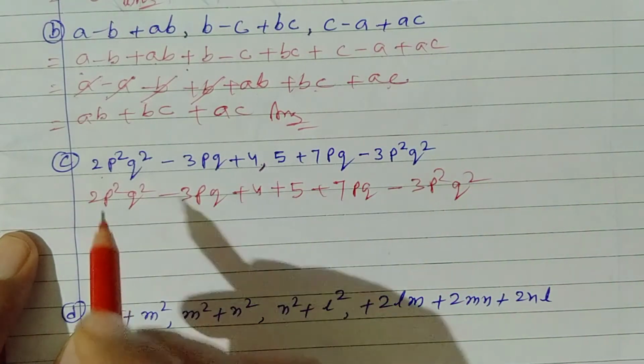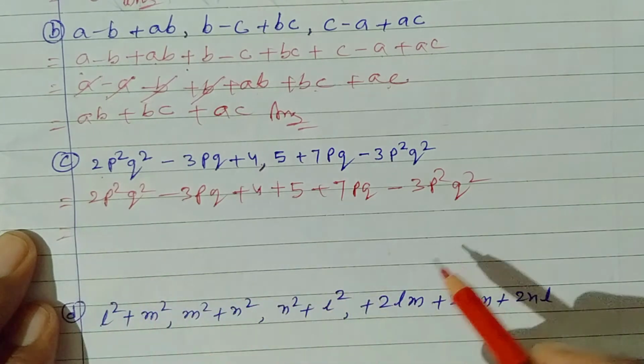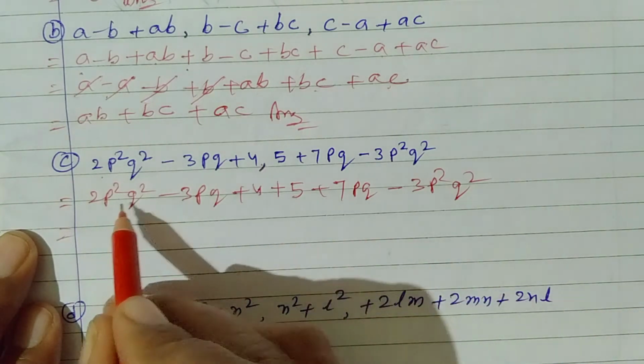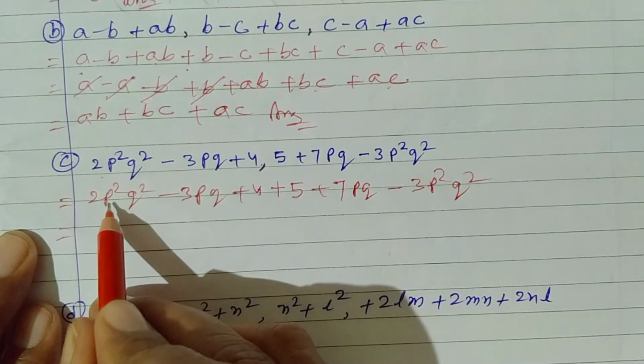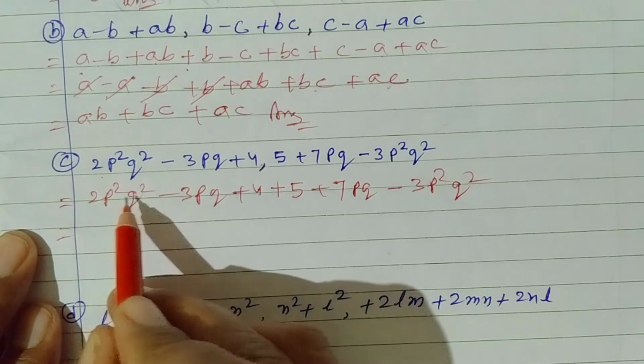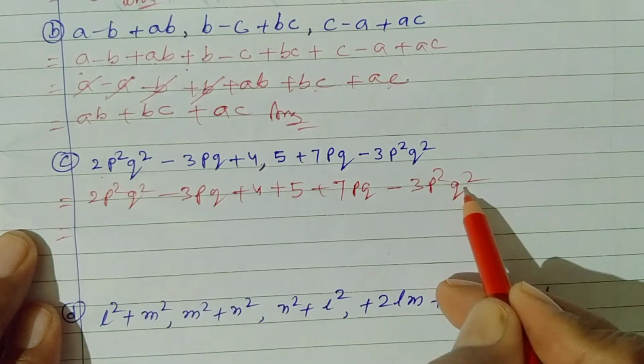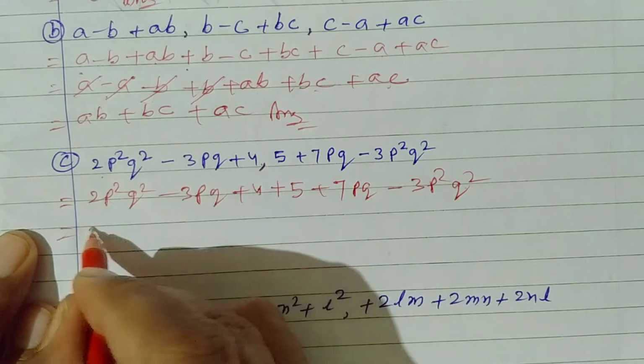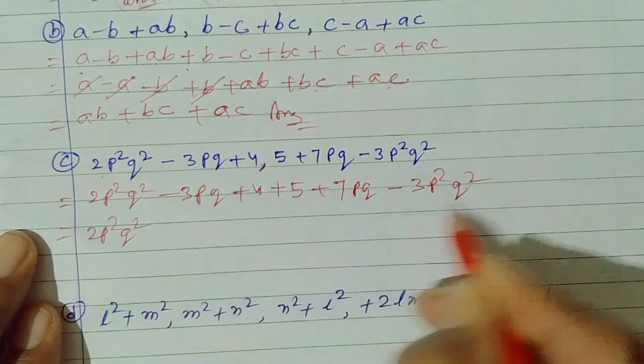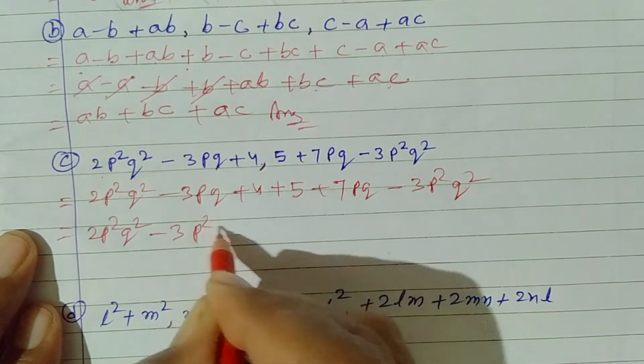After that we arrange in like terms. So we can see the variable part: p square q square, p square q square. So we write together 2p square q square minus 3p square q square.